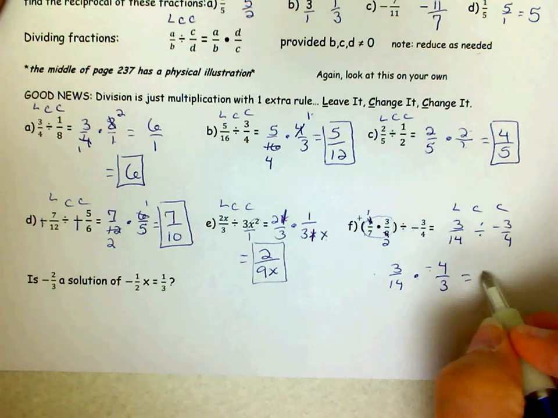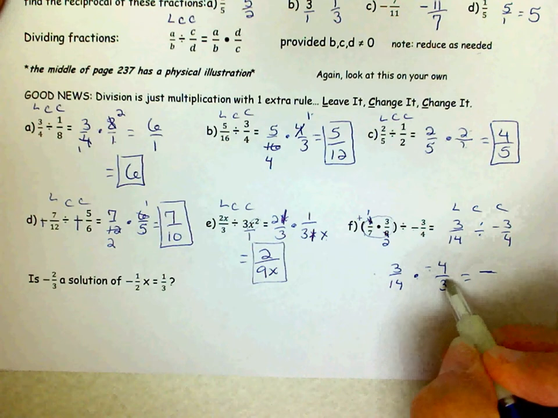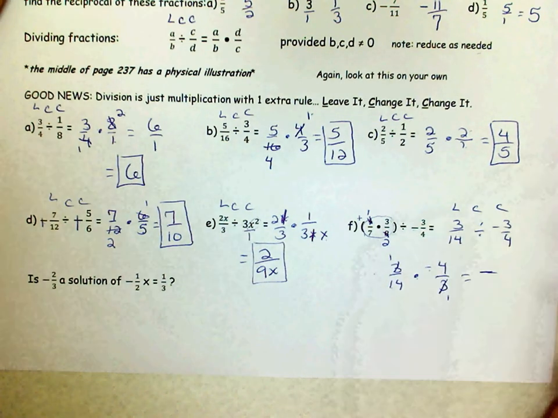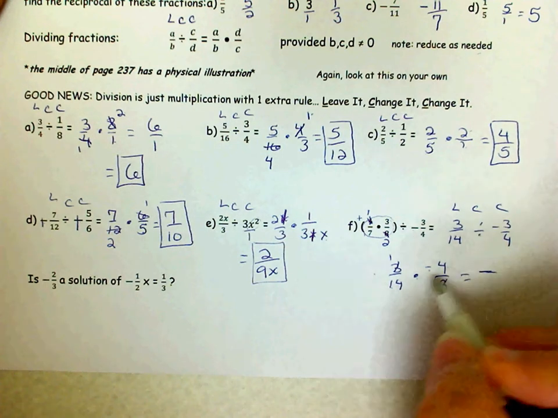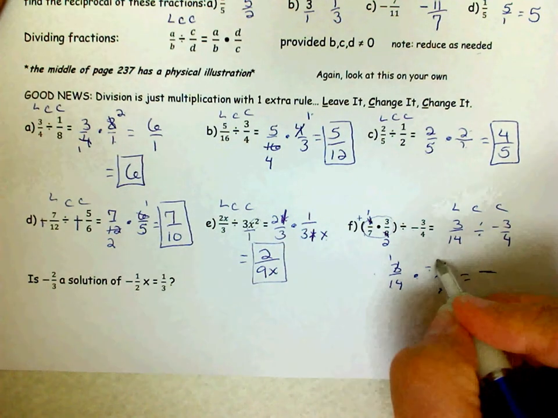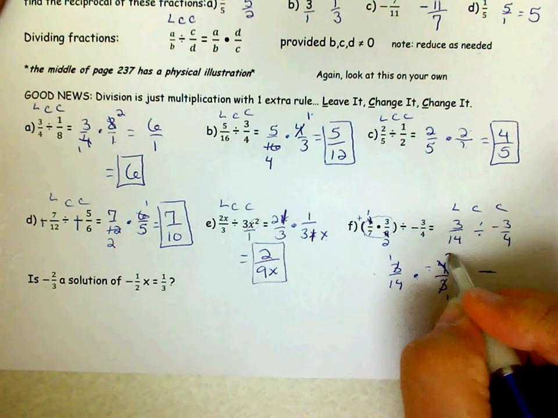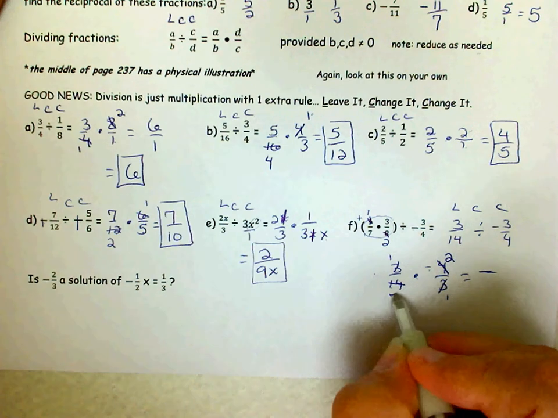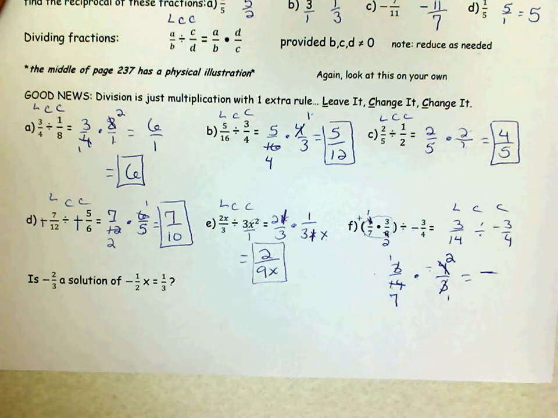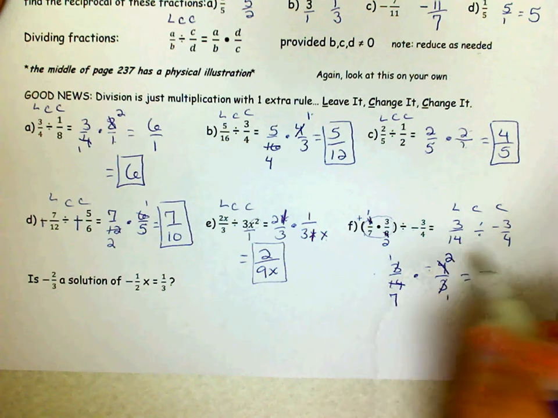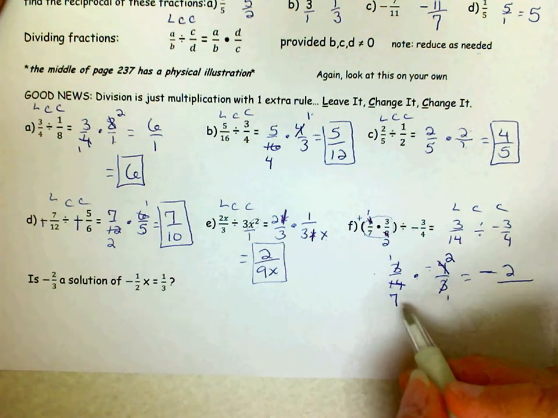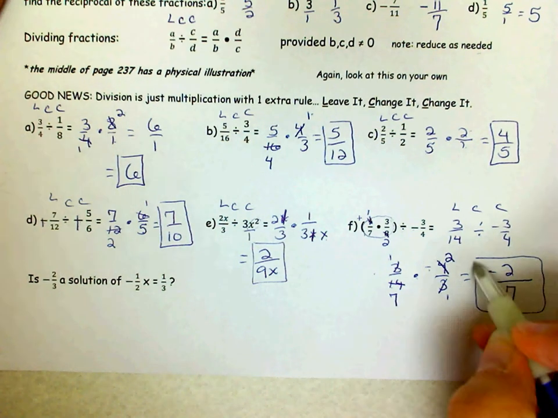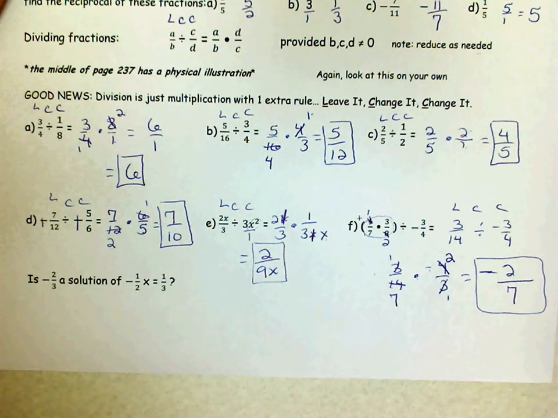Now, 3 goes into 3 once, 3 goes into 3 once. 4 doesn't go into 14, but since they are both even, I know that I can divide both of these by 2. So 2 goes into 4 twice, 2 goes into 14 7 times. So now 1 times 2 is 2, and 7 times 1 is 7. That one is a hard problem, so you need to ask if you don't understand this.